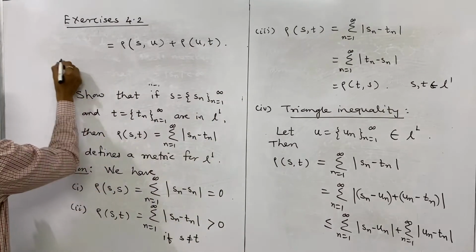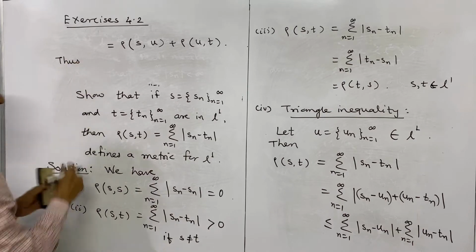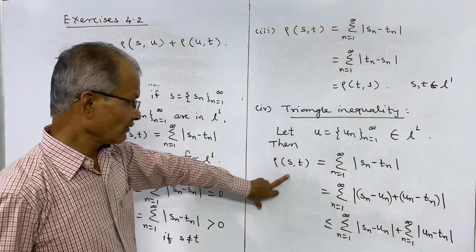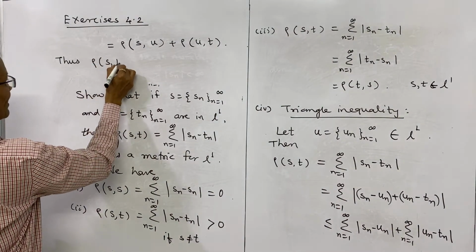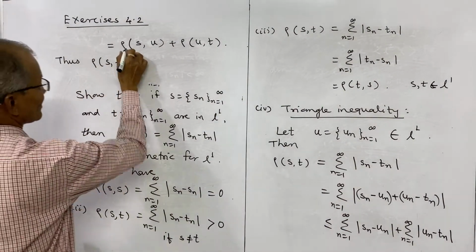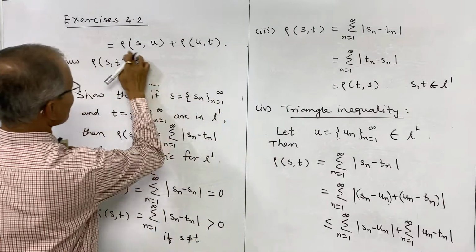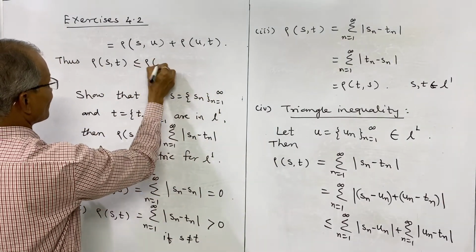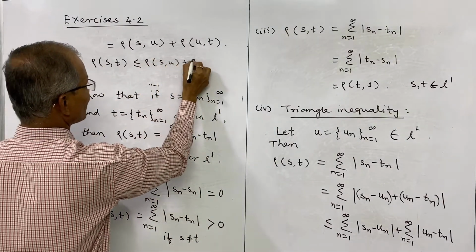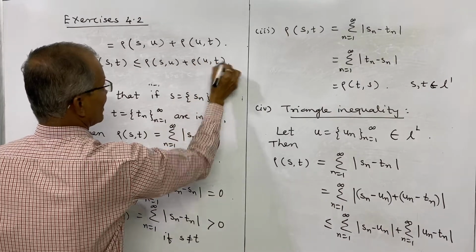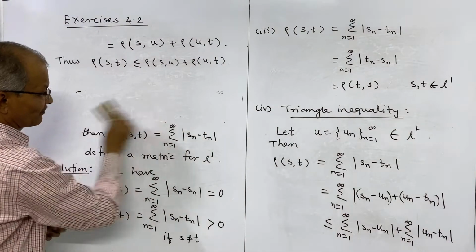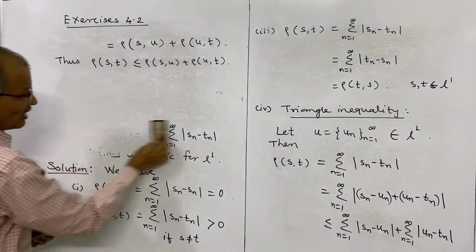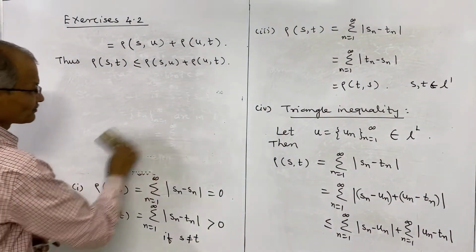And thus, what we have, for this triangle inequality, the left side is rho of S and T, which is less than or equal to the last expression, rho of S and U plus rho of U and T. And thus all four properties of a metric are verified. This proves the triangle inequality, and therefore this is a metric.